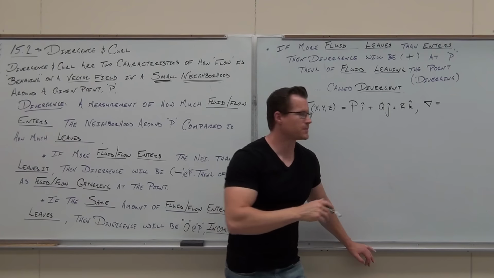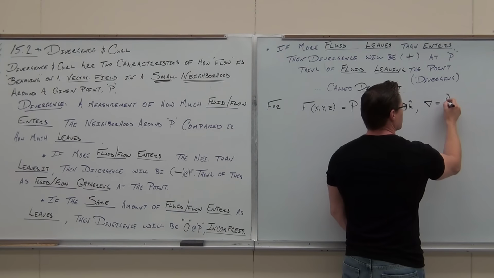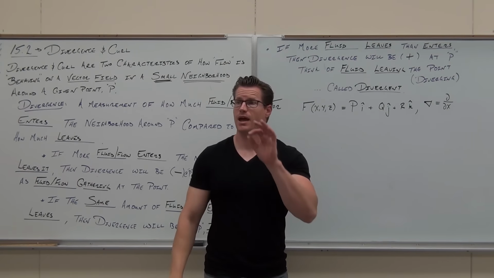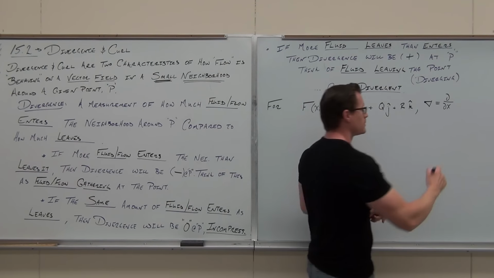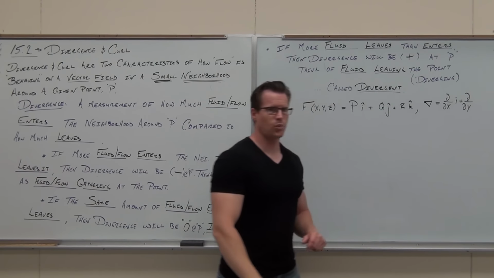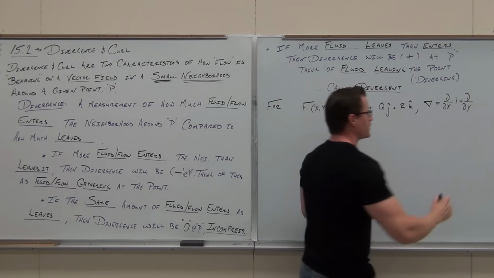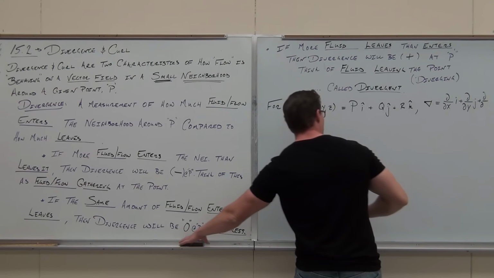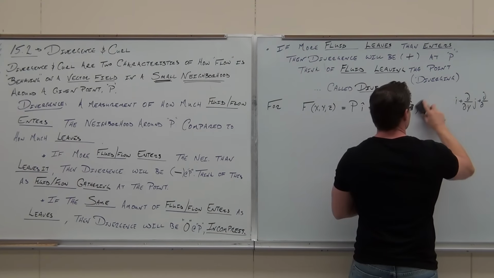What it is was a partial derivative with respect to x, and that was the i component. A partial derivative with respect to y, and that was the j component. I'm going to run out of space, of course.